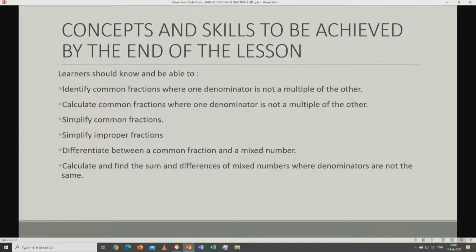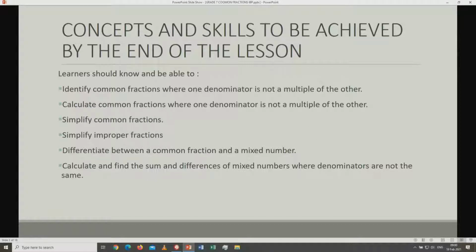Learners should know and be able to identify common fractions where one denominator is not a multiple of the other. That is our focus for grade 7. Calculate common fractions where one denominator is not a multiple of the other. Simplify common fractions.